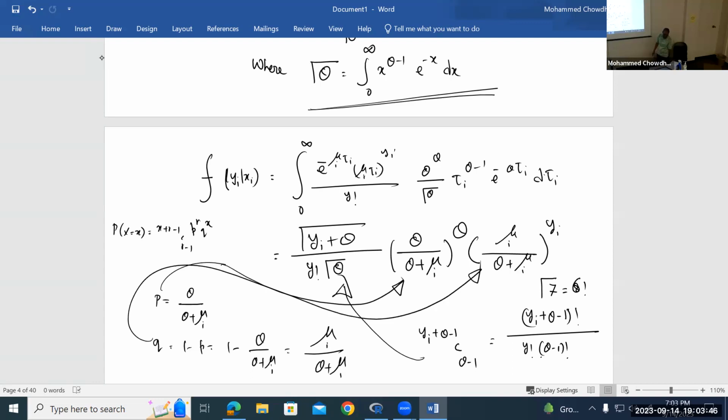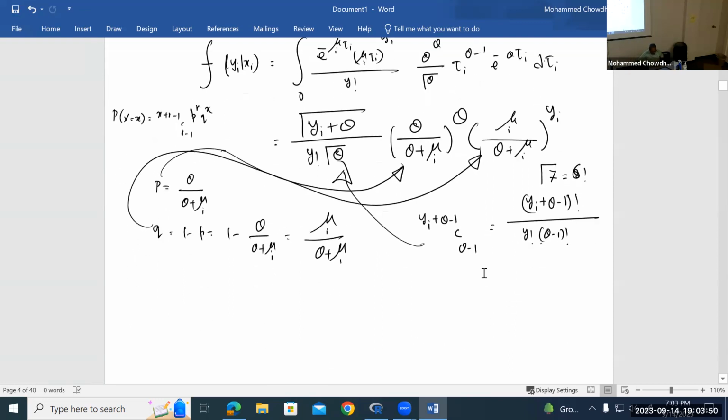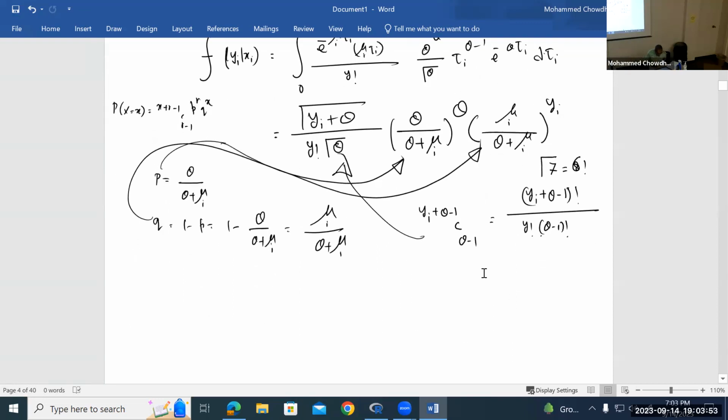Now we have to check what the mean of this is. Let me write these things. Mean equals RQ over P. We want to check whether we are getting that quantity in there.